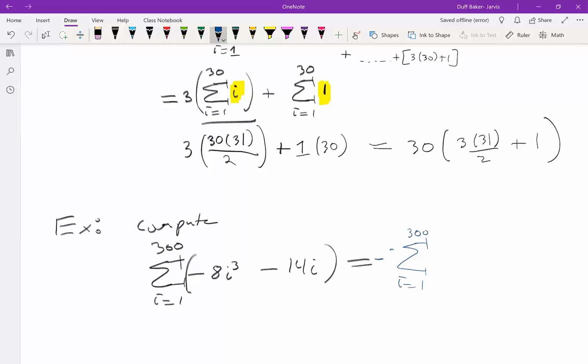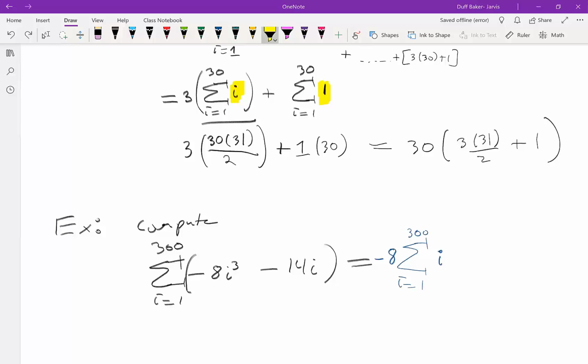I can pull the -8 out front and just leave anything that involves an i, right? The one rule is that i's cannot come through a sum. More specifically, whatever's here cannot pass through a sum. So if it's something that involves an i, you can't pull it through. But if it doesn't, then you should be able to, unless it somehow depends on i.